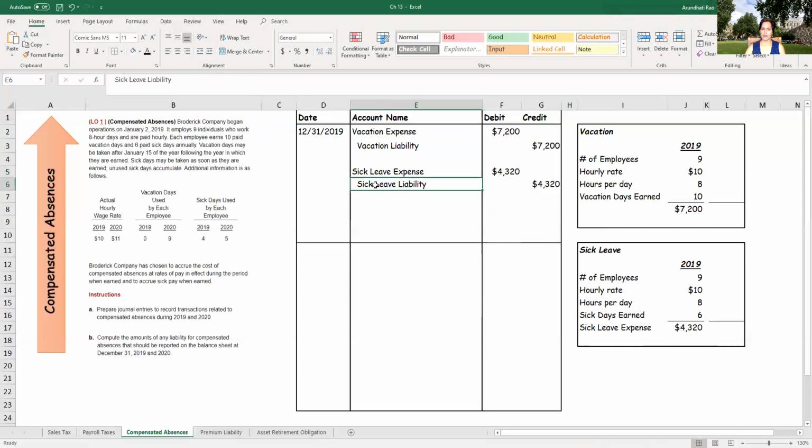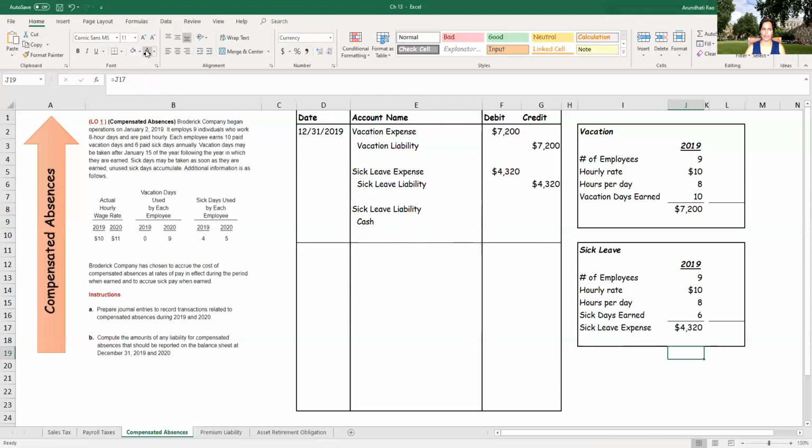Now in the first year, they don't have any vacation that they've used, but they have used 4 days of sick leave. Each of the employees, of the 6 that they're allowed to use, has used 4. So what's our journal entry when they use the sick leave? In the current year, it's sick leave liability debit and cash credit. So how many days are they using?